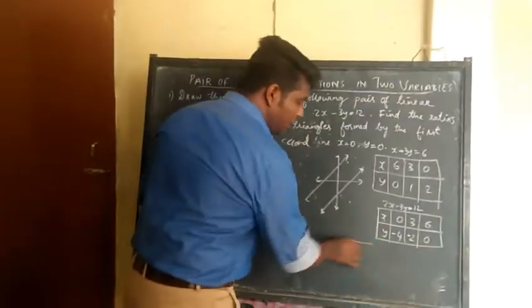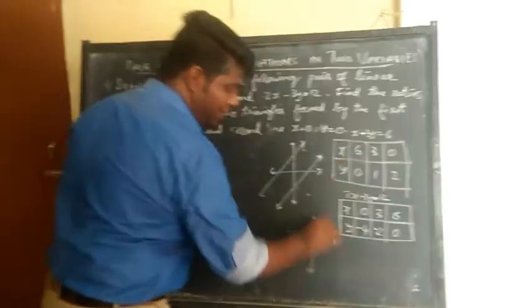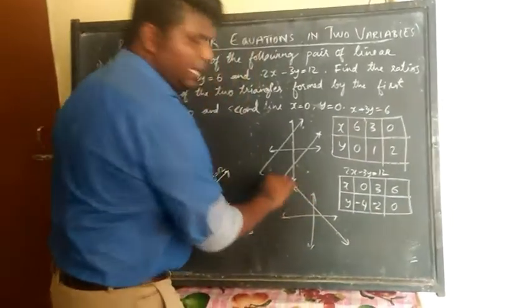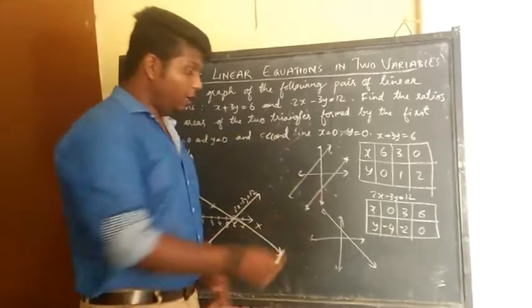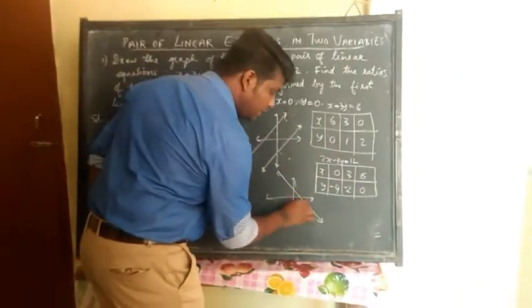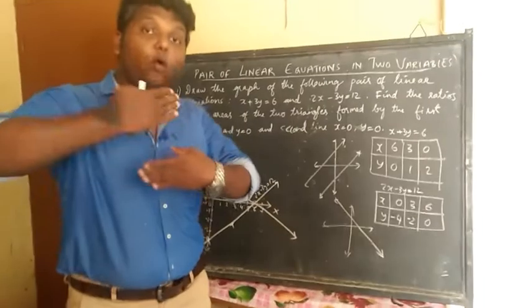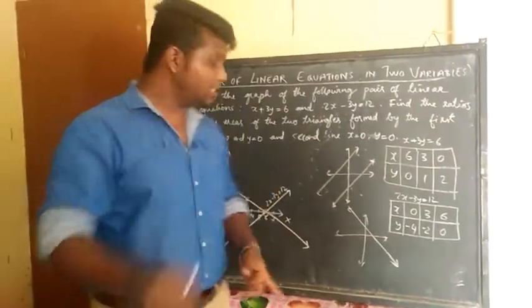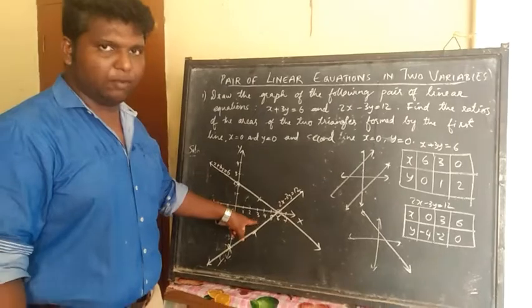Third one, there is a possibility that when you are drawing the first line, you may be getting a line. After, when you are plotting the second line, you can understand that it is also the same line. Both of them are coming one above the other, that is, they are overlapping together. So three cases. One, the two lines can intersect at a point.